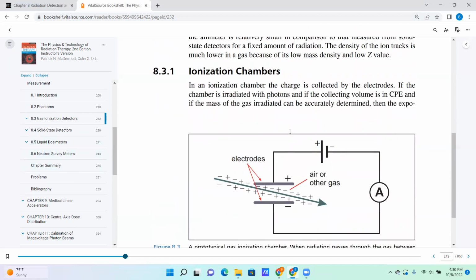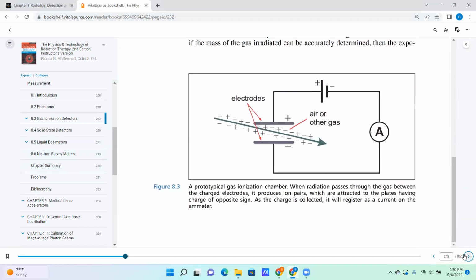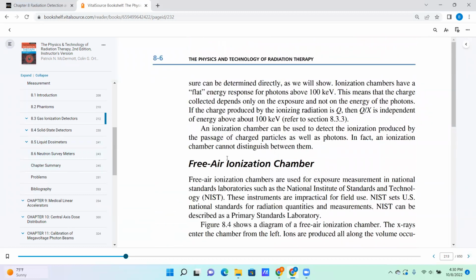So, in an ionization chamber, the charge is collected by the electrodes. If the chamber is irradiated with photons, and if the collecting volume is in charged particle equilibrium, and if the mass of the gas irradiated can be accurately determined, then the exposure can be determined directly. Ionization chambers have a flat energy response for photons above 100 keV.